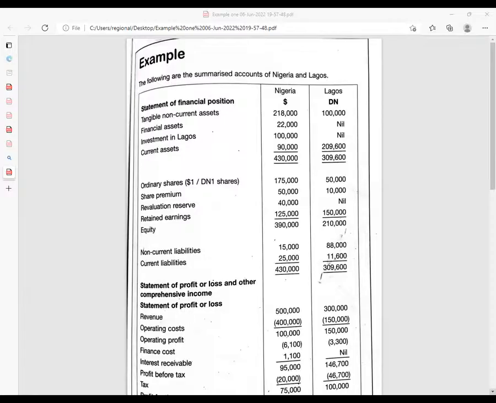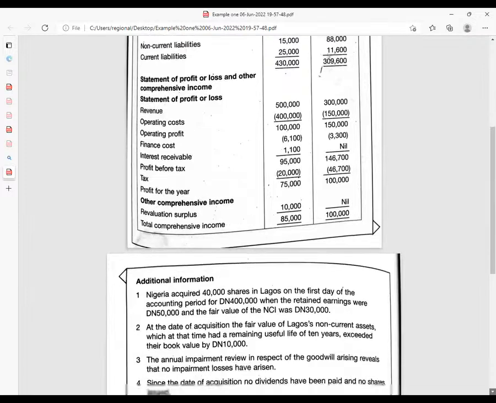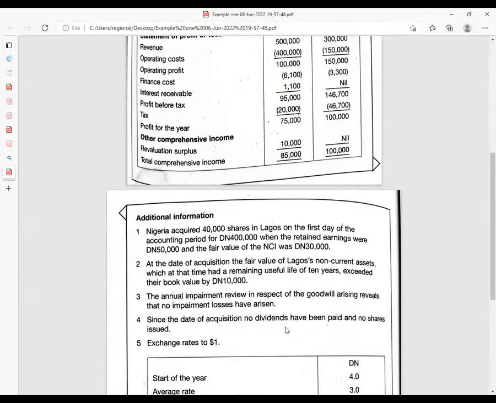Now, listen to me very well. They have given me everything there. And then we are told additional information that Nigeria acquired 40,000 shares in Lagos on the first day of the accounting period for DN 400,000 when the retained earnings were DN 50,000 and the fair value of the NCI was DN 30,000.